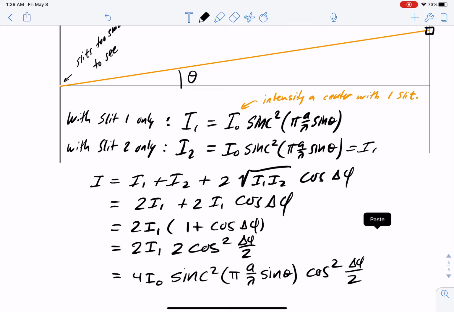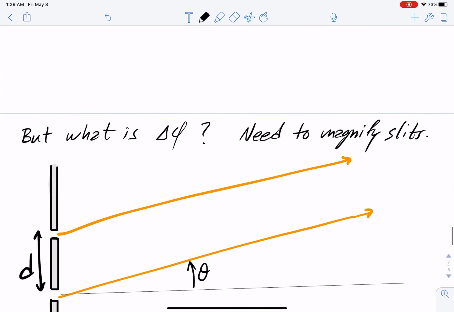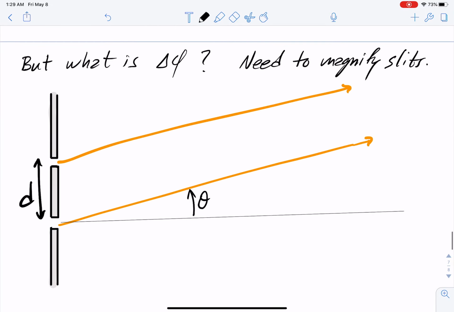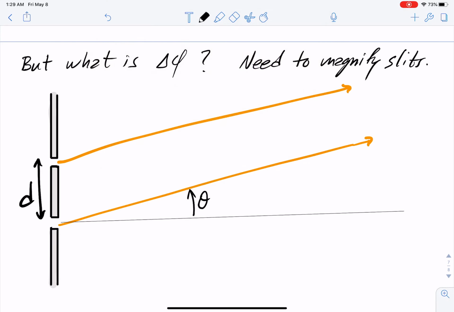So now let's look at the geometry of the double slit. So we need to magnify it so that we can actually see it. Now in this picture, the observation screen is very, very far away, so far away that these two lines, even though they converge, appear to be parallel. And I'm going to add a helpful line here.